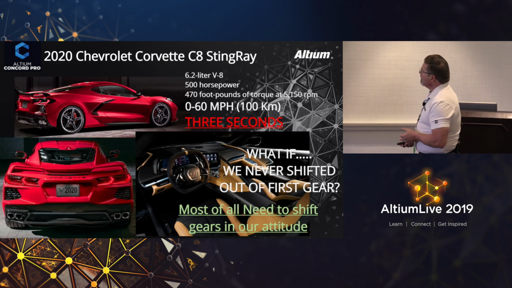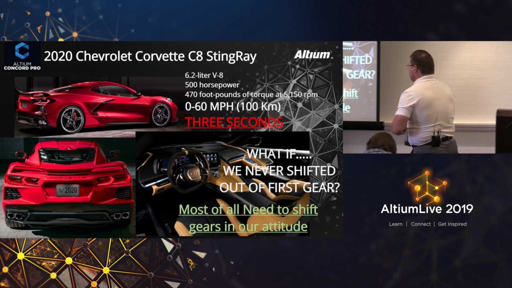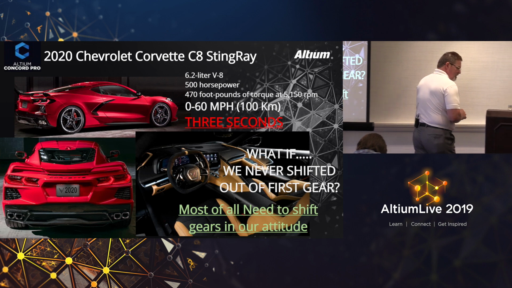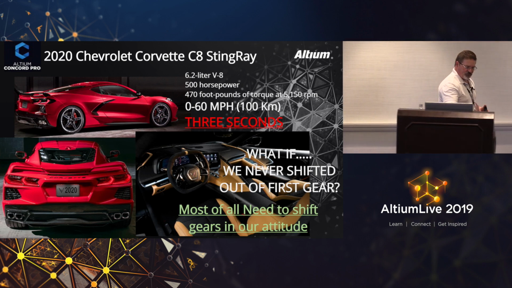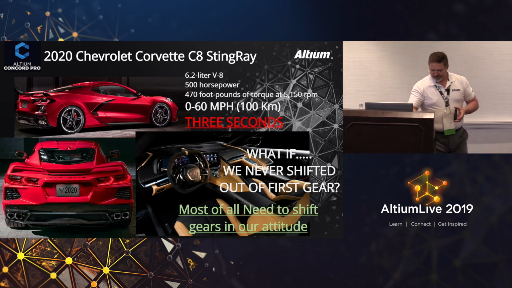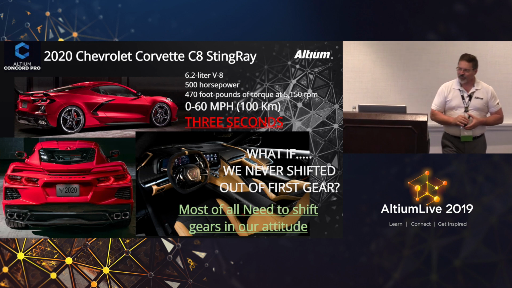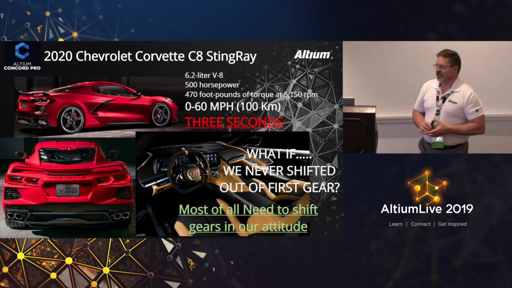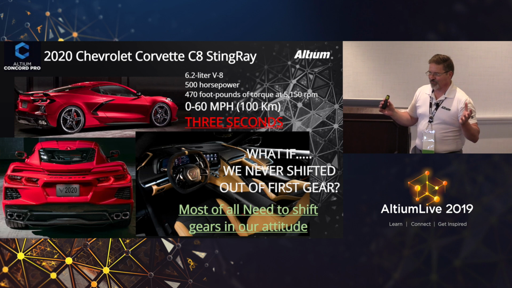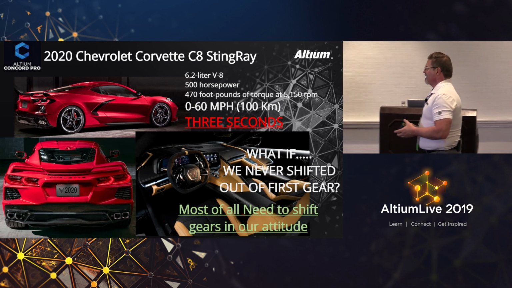So I started out today by talking to you about the 2020 Corvette. How many of you were there for that? Okay. Thank you for staying with me for the day, all right?